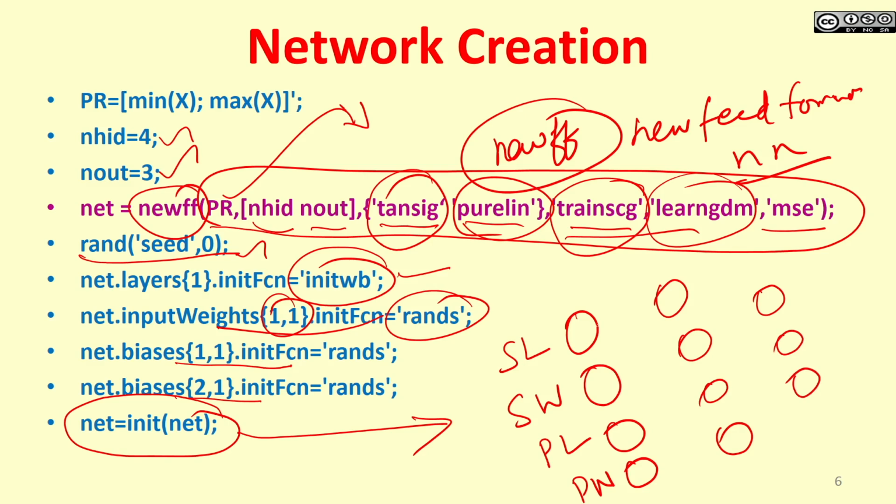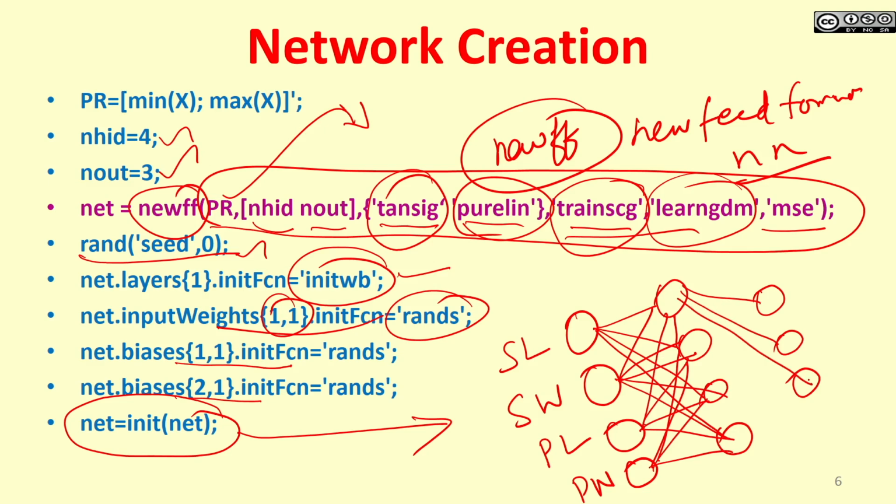So, how are the connections? The connection is from each neuron to every neuron in the next layer. So, this is a massively parallel connected architecture. So, this is the neural network we have created.